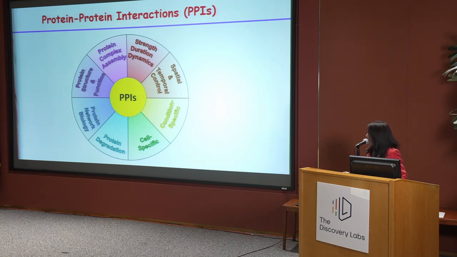In addition, due to different extracellular or intracellular signaling perturbations, the protein-protein interactions can be changed. Different types of post-translational modifications could also change the interaction. And protein-protein interactions have also been shown to be cell-specific or tissue-specific, and these are important for their biological functions.